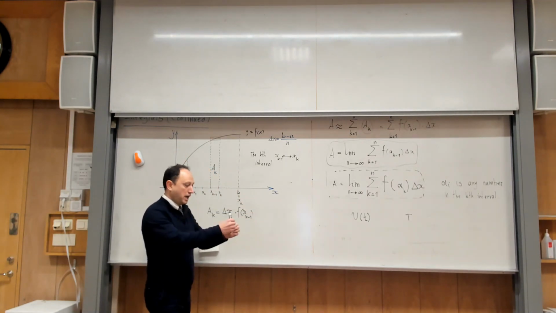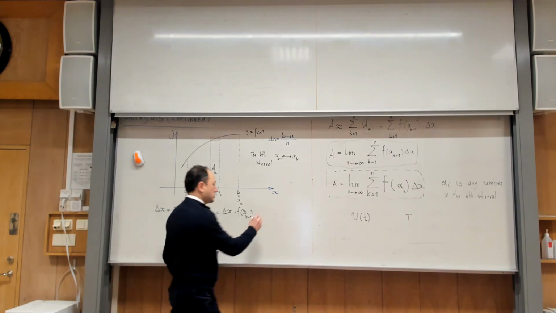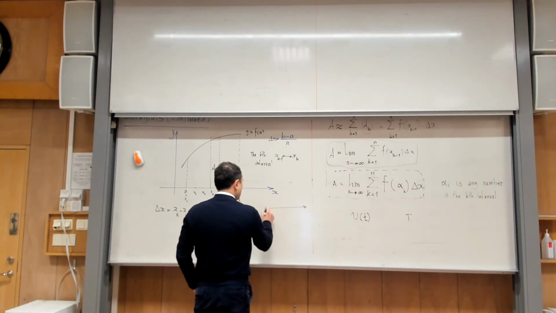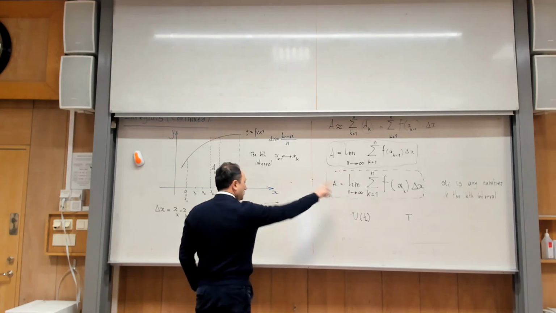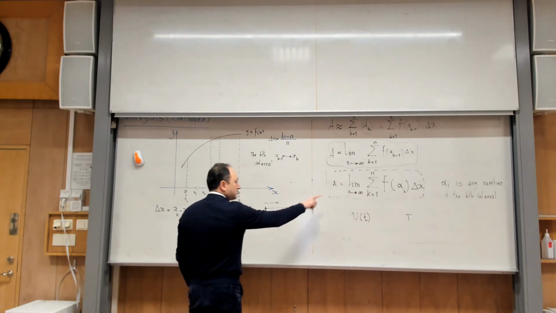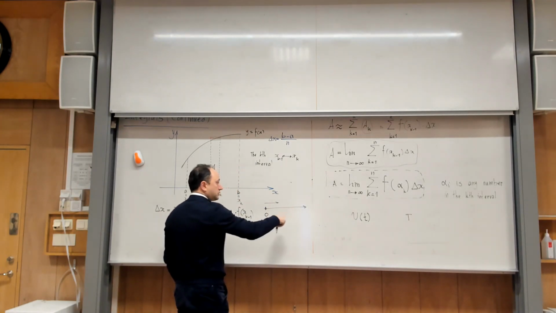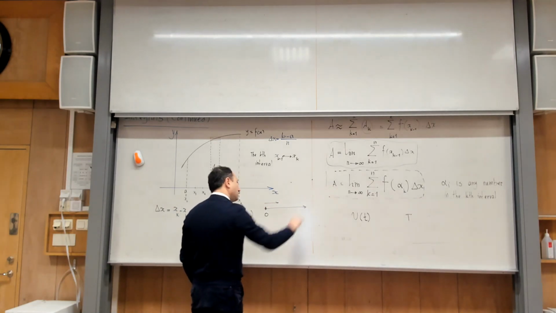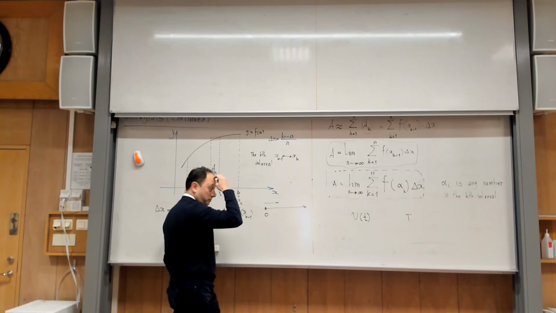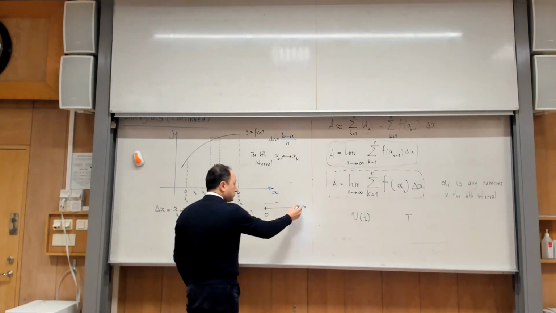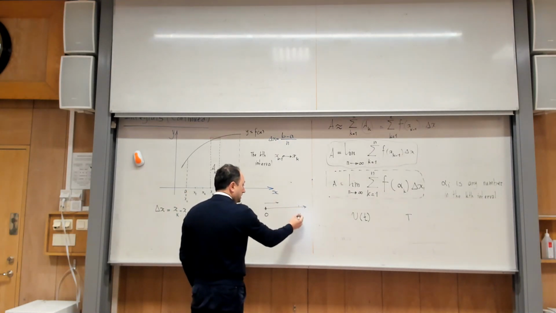I have a particle, assume that this is the origin, and the particle starts from the origin and always goes to the right, but with different velocities. The velocity will go up and down, but the constraint is that the particle will never return to the left. It's always constantly going to the right with different speeds. And then you wait for, I don't know, t seconds.